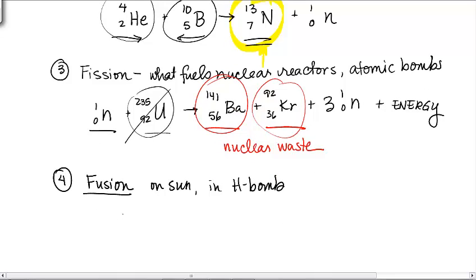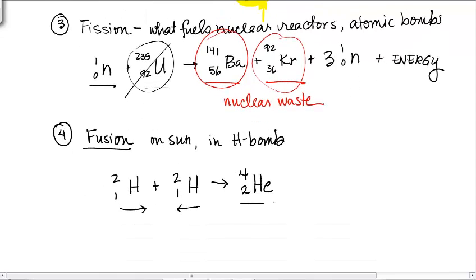With fusion, essentially, and this is one possibility, if you could get two nuclei to combine, again, perhaps in a particle accelerator, but our luck with that is not good, so it needs to be faster than a particle accelerator. But if you can get them going so that they hit each other and literally fuse together, not break off any other pieces, but fuse together, in this case, for example, you could make helium.